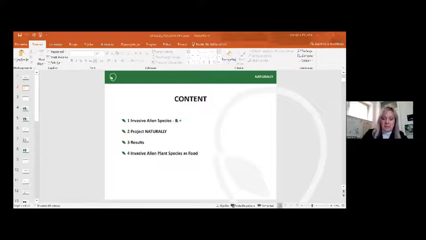According to this system, ecosystem services are divided into 4 categories: provisioning, regulating, cultural, and supporting. Invasive species can provide one or several of these services and make themselves beneficial to the ecosystem.